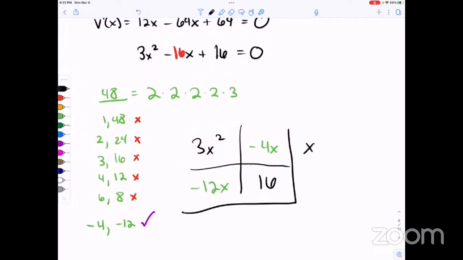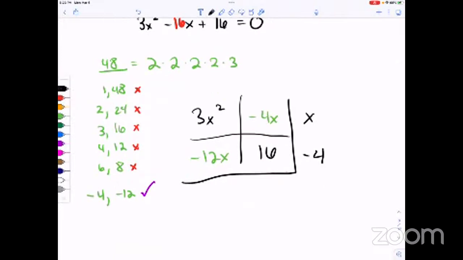What can we factor out of these two guys here? It looks like they both have maybe a negative 4? Is it negative 4 or just 4? Let's just do 4 for now. I'm going to factor out the negative 4 and just see what happens. We'll go back and fix the signs if it doesn't work, right?